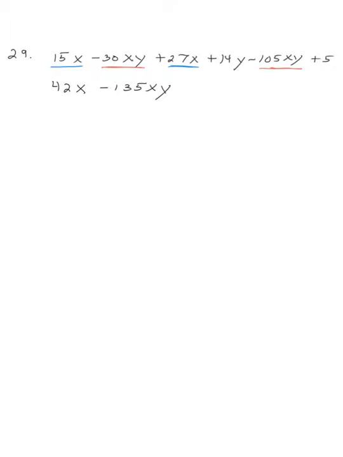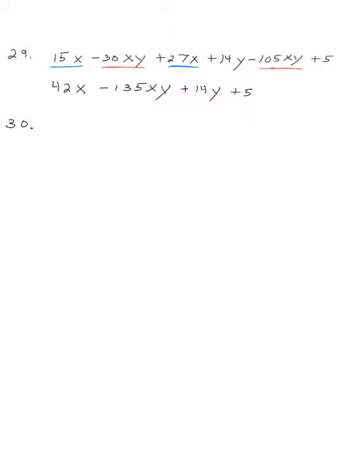So again, when you identify the like terms, we are now just dealing with 15 and 27, that gave us 42. Negative 30 subtracted by 105 gave us this negative 135. We can't do a thing with this or this, so we get plus 14y plus 5, and that is it. Simplified a little, but not very much.